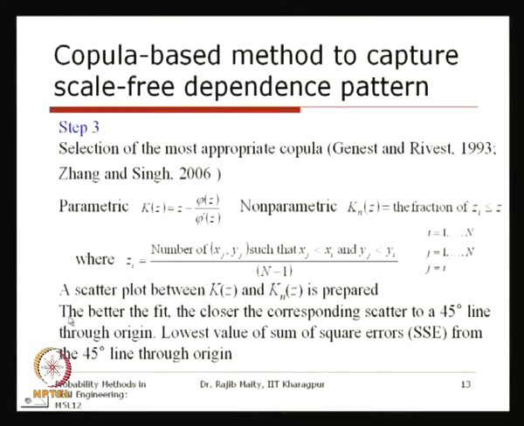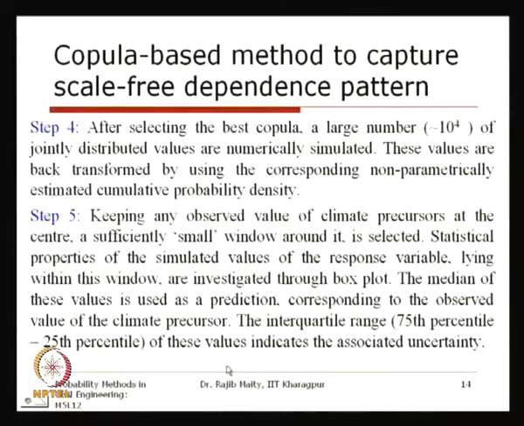So, the better the fit, the closer the corresponding scatter is to a 45° line through the origin; the copula with the lowest sum of square error from the 45° line through the origin has to be picked up as the best one.